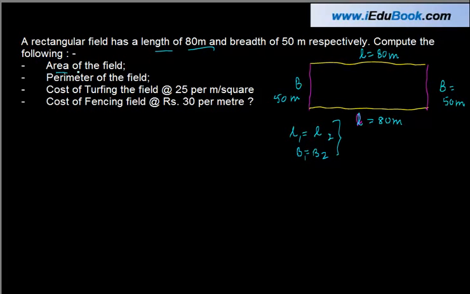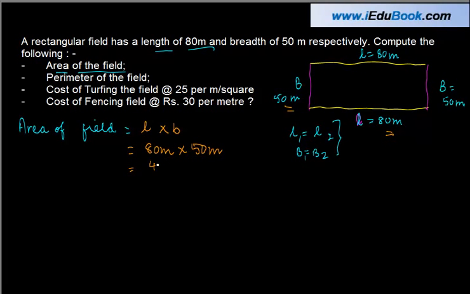The first thing is you have to find out the area of the field, right? Now, area of the field is nothing but the area of the rectangle, right? And the area of the rectangle we know is equal to length into breadth. What's the length? Length we know is 80 meters, into breadth is 50 meters. You can take either of them because in any case both of them are equal.